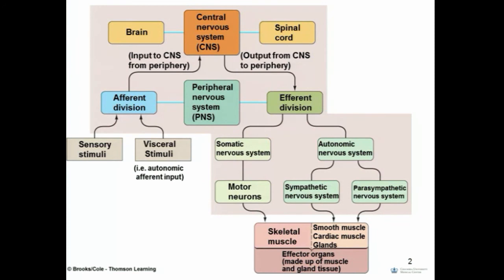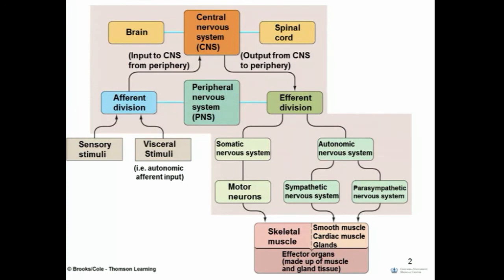And there are 2 major types of nerves within the peripheral nervous system. And they are afferent nerves and efferent nerves. An afferent nerve is basically a sensory nerve. Okay? Afferent is synonymous with sensory. It's conveying some information about the body toward the central nervous system.